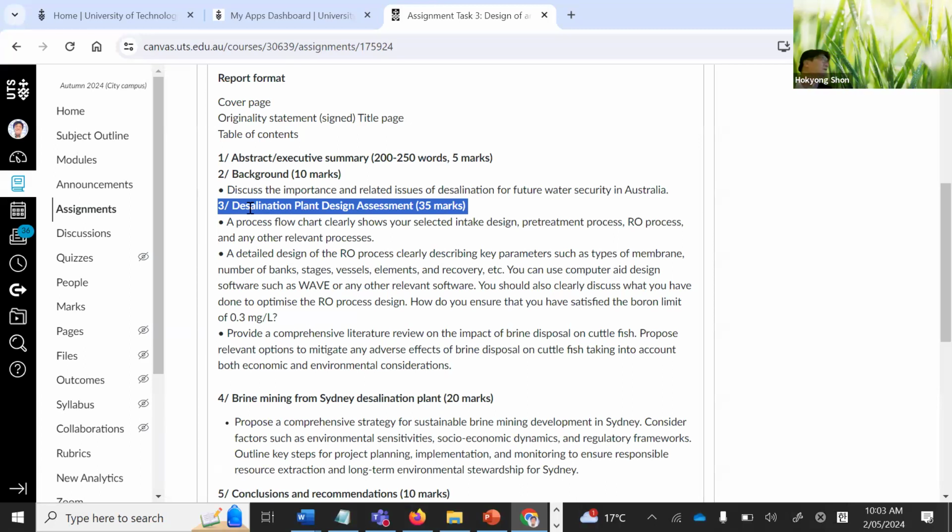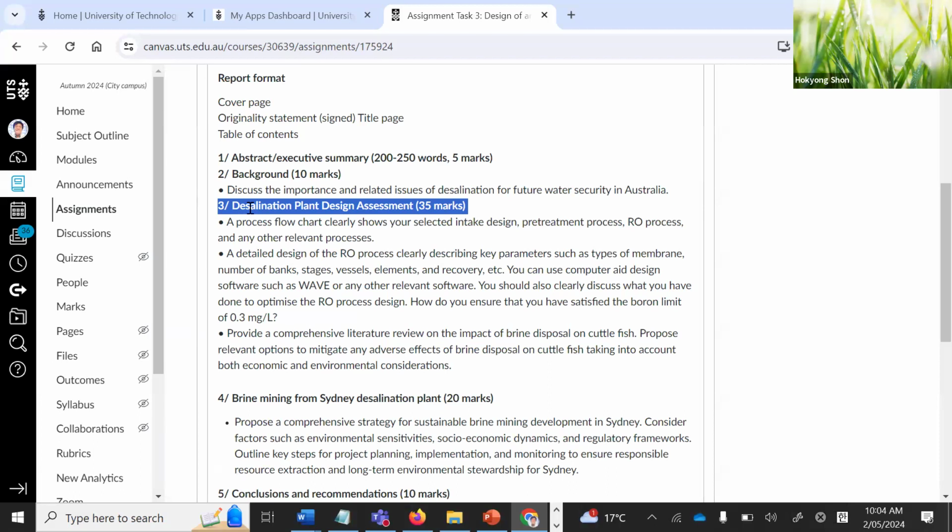design a seawater desalination plant. So based on your scenario, you need to select. There are many parameters already given in your scenario. What's the capacity? What's the quality of the seawater? What's the detail? You can see from the scenario. Yeah. And then based on this scenario information, so you need to go for a process flow chart.